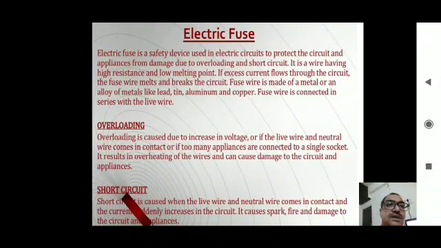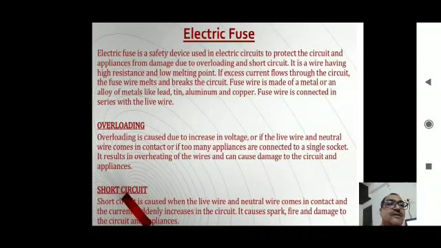So let's first learn about the electric fuse. An electric fuse is a safety device used in electric circuits to protect the circuit and appliances from damage due to overloading and short circuit. It means it can protect us from overloading and short circuit.